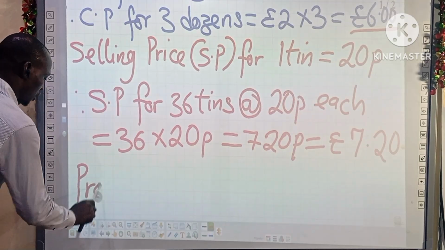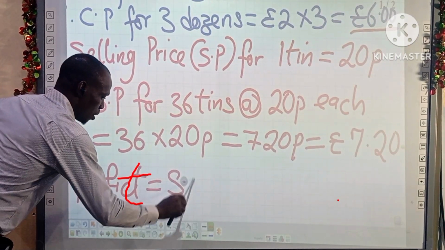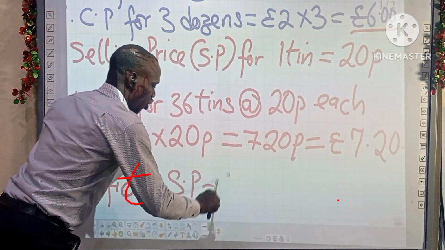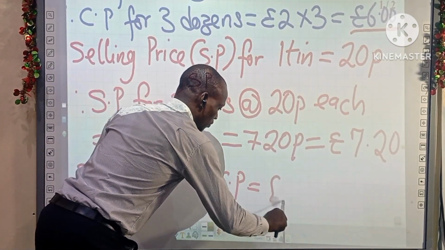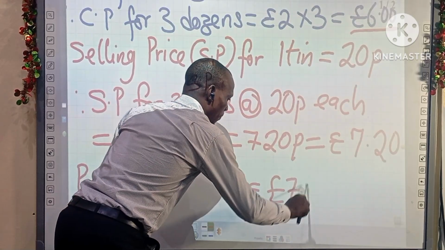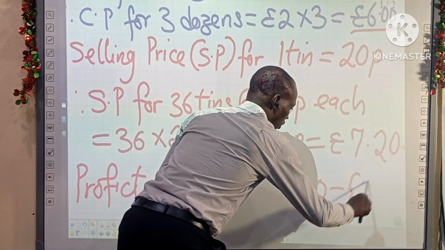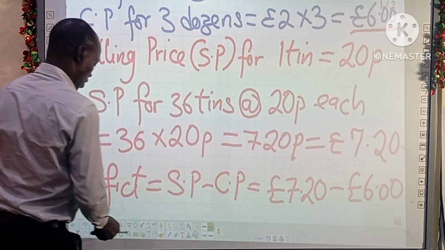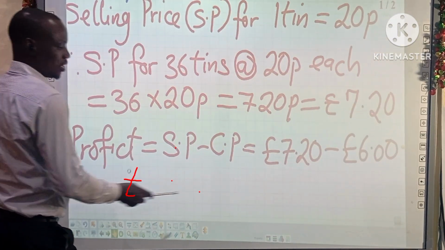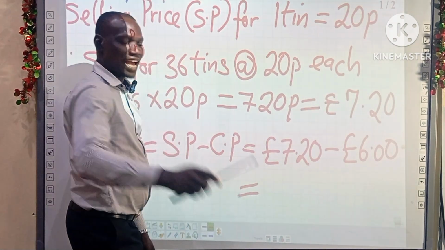With this, we can calculate profit. Profit is therefore equal to selling price minus cost price, which is equal to 7 pounds 20 pence minus 6 pounds. And this will simply give us an answer which is actually easy.